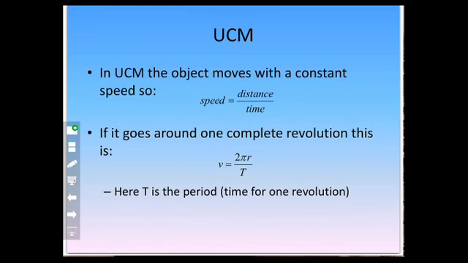As we mentioned, the speed, or the magnitude of the velocity, in uniform circular motion is constant. That's where the uniform part of the name comes from. When we're talking about circular motion, the distance we're talking about is the distance around the circle, or the circumference, and we know that we find the circumference of a circle using 2 pi r.